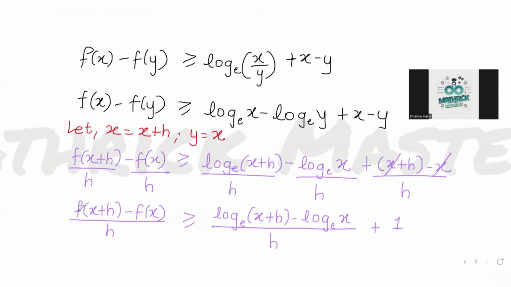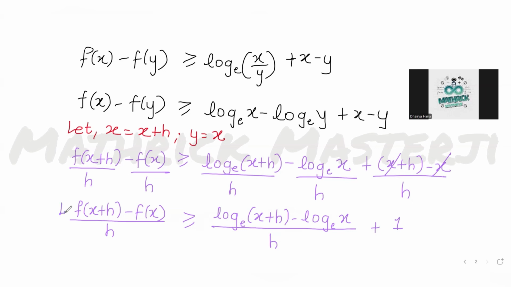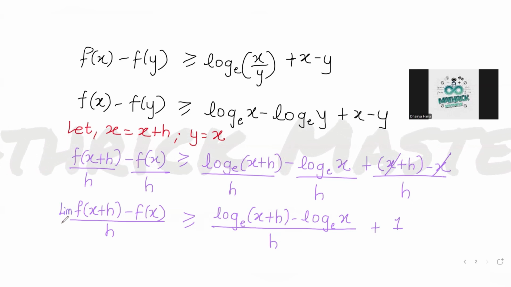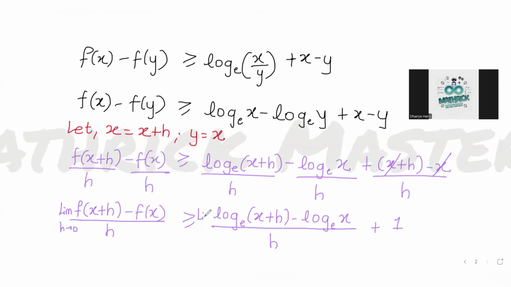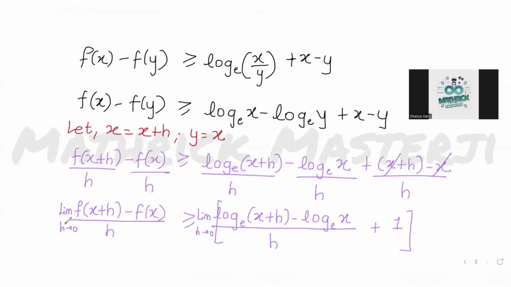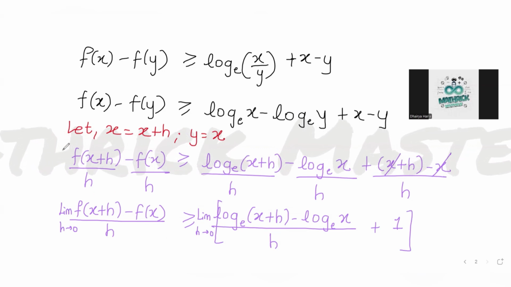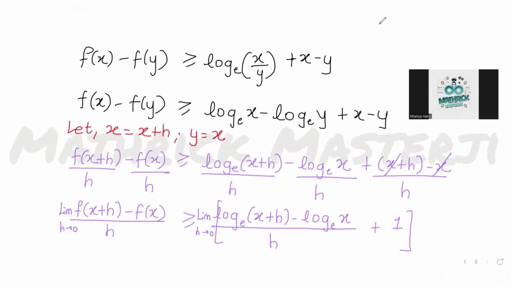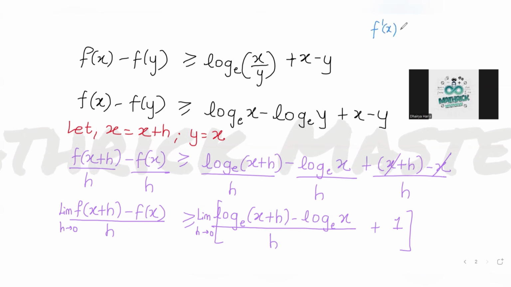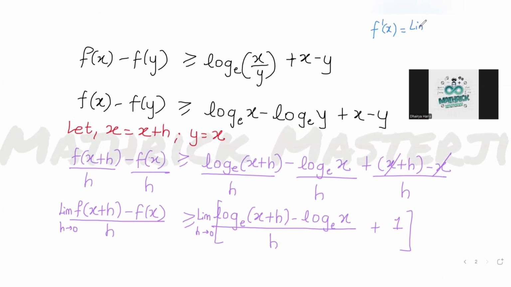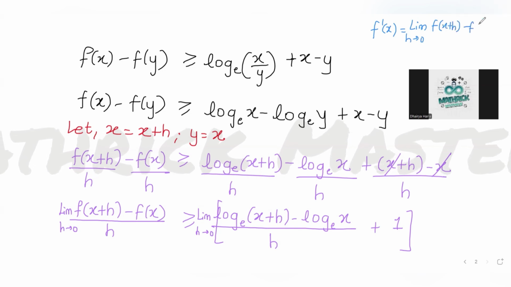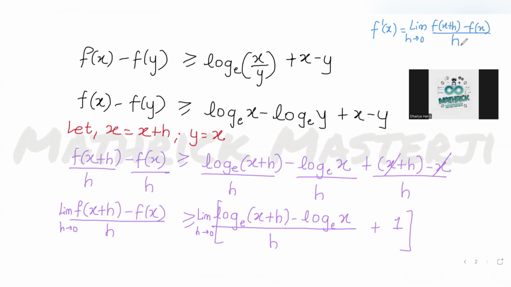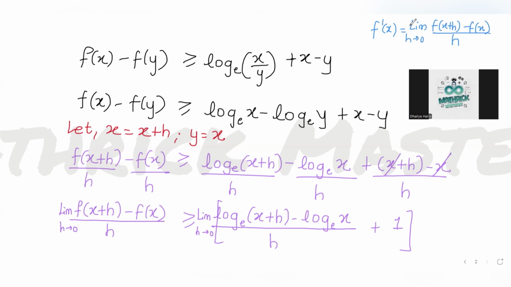Now if I apply the limit h tends to 0 to the whole left-hand side and right-hand side, if you know the definition of the derivative of a function, f dash of x is basically limit h tends to 0 of f of x plus h minus f of x over h. So I'll be using that same idea here.